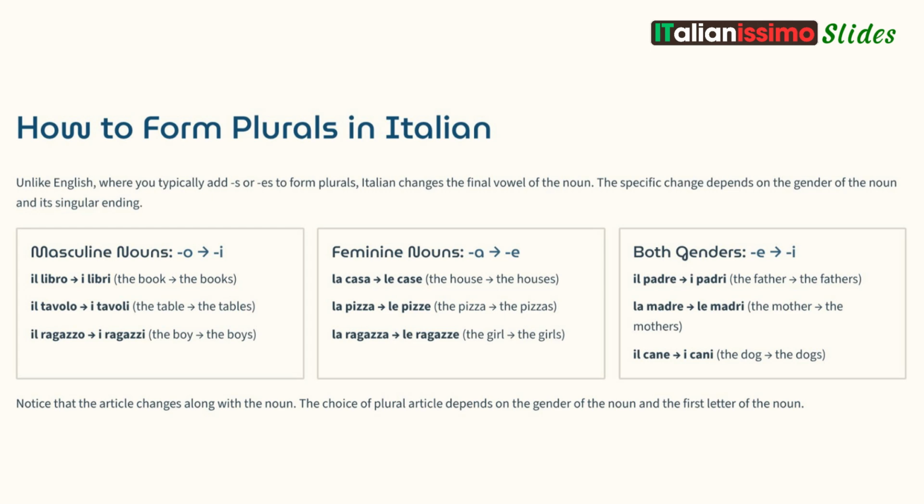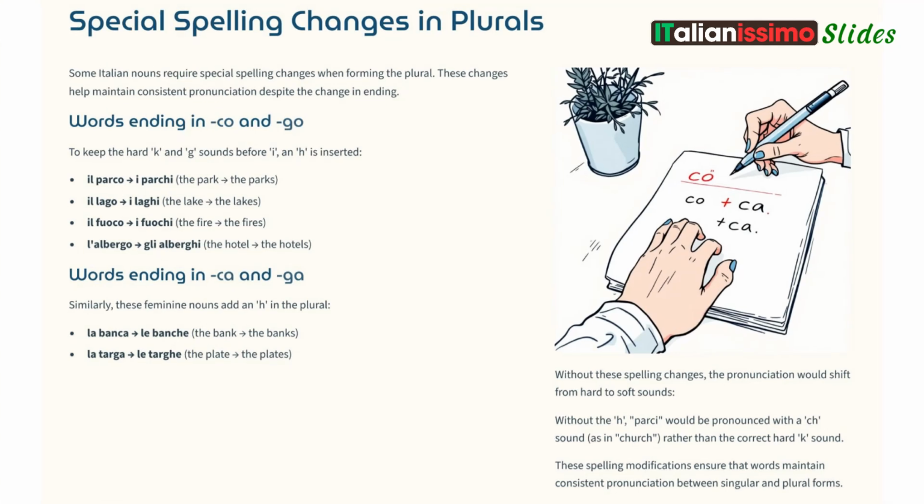Feminine nouns, A goes to E, like la casa, le case, la pizza, le pizze, la ragazza, le ragazze. Both genders, E goes to I, like il padre, i padri, la madre, le madri, il cane, i cani. Note, articles change along with the noun.